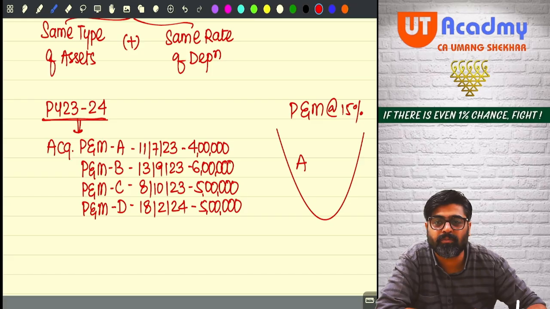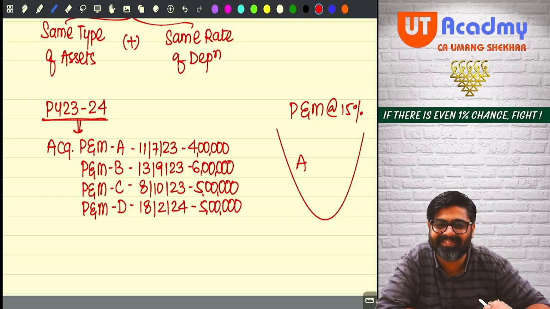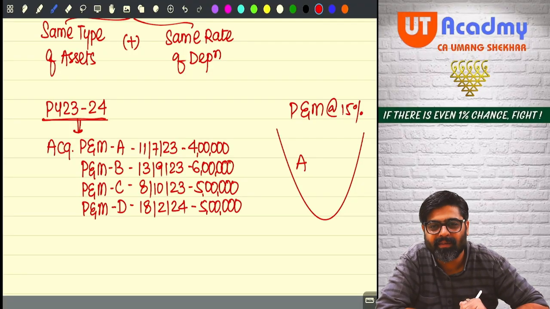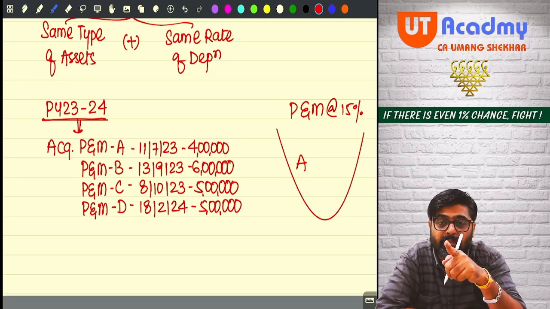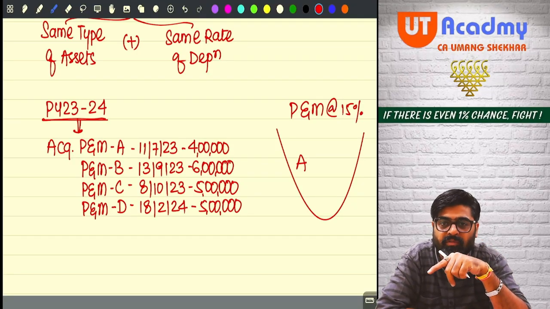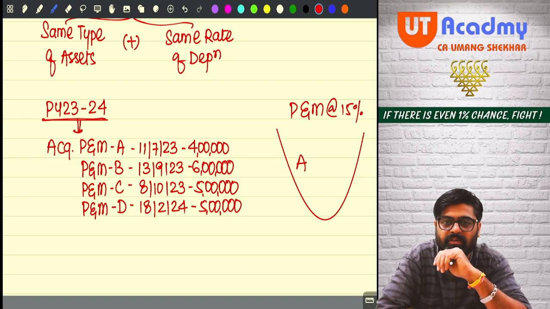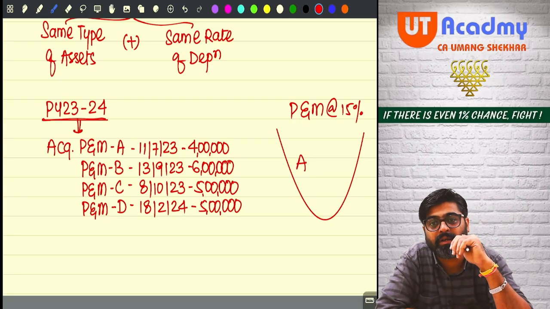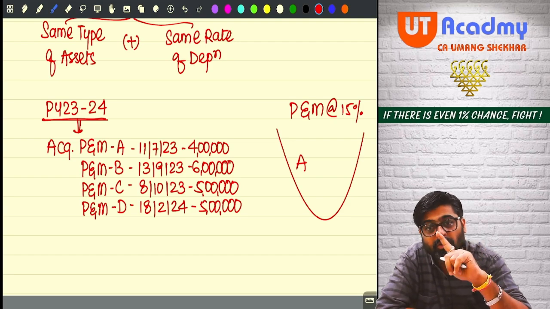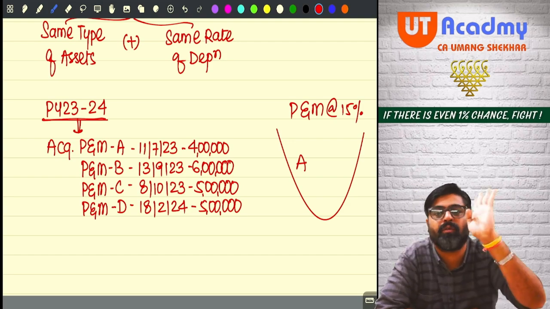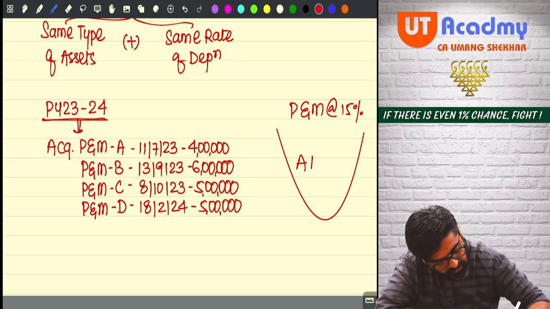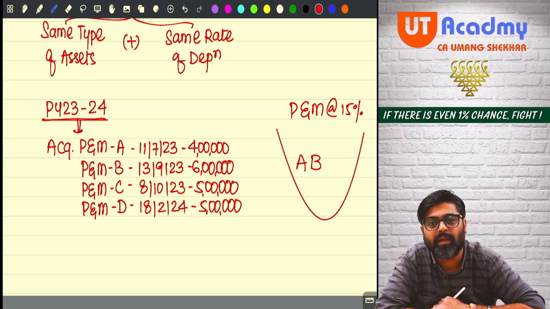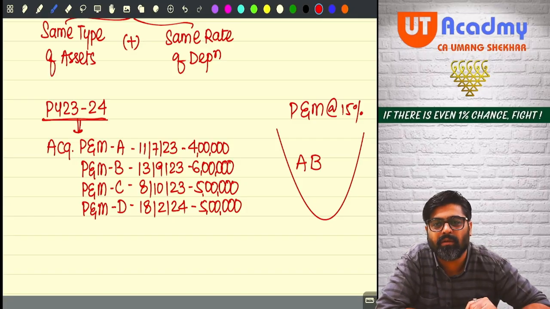Now what is the value of this basket? 4 lakhs. Now later on I am going and buying plant and machinery B. Same type of asset, same rate of depreciation. Will I make a separate basket or I already have a basket? I already have a block. So in that block only, this plant and machinery B will fall now. Now tell me, identity of B is gone.